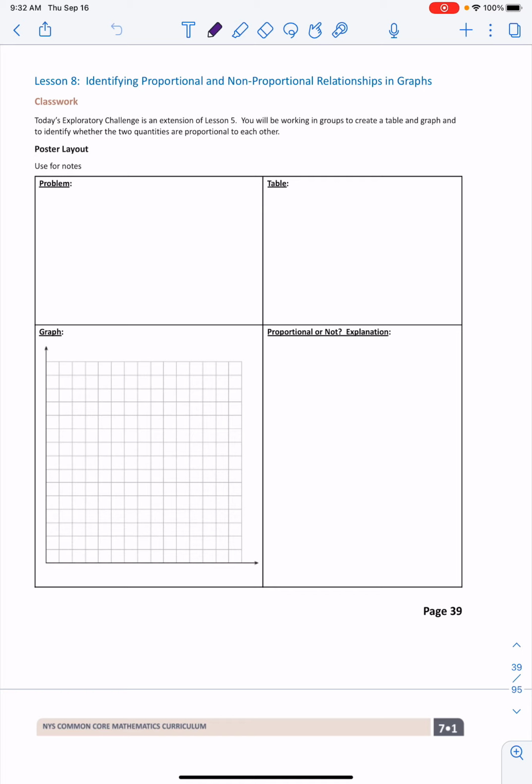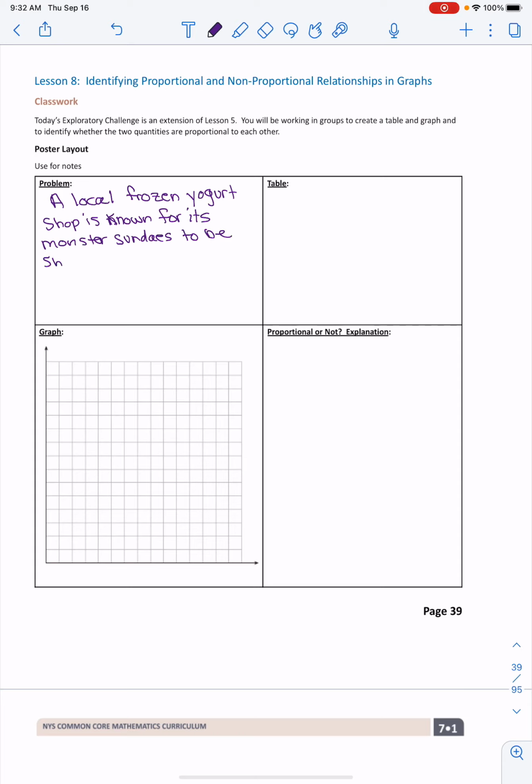So we're going to write out the problem first. It says a local frozen yogurt shop is known for its monster sundaes to be shared by a group.